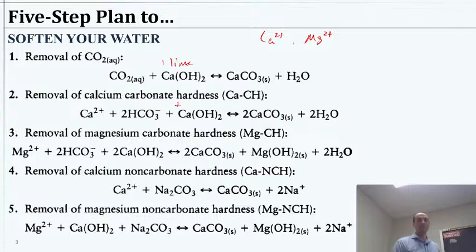I'm just going to put the plus here to note that that's something that was not already there. And when we do that, we're going to get our calcium carbonate again, but the deal is we are promoting the formation of that calcium carbonate because this is an equilibrium reaction, and we are now adding more calcium, essentially, to drive that reaction to the right.